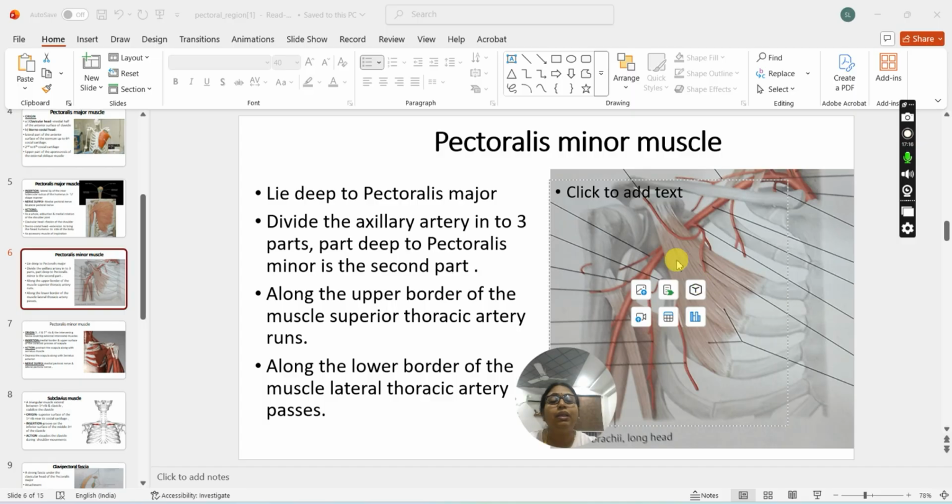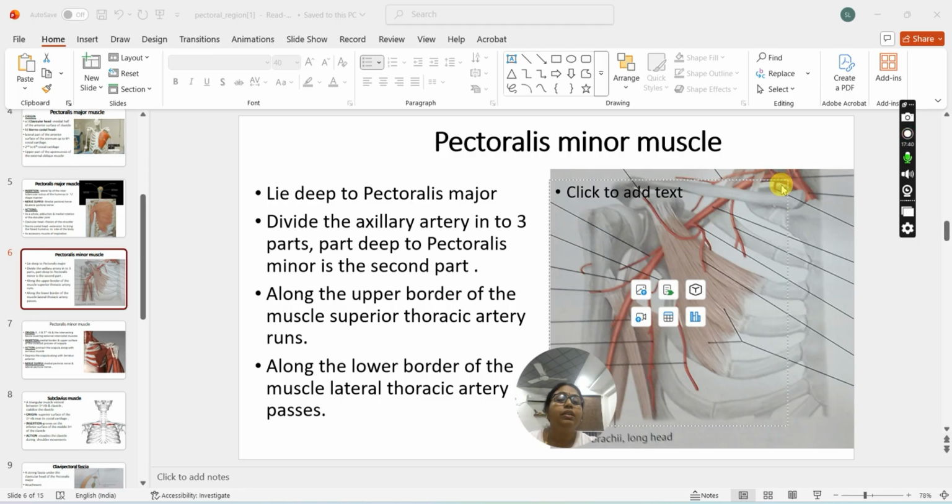Actually, the muscle is simply going towards its insertion. For our convenience, when we want to talk about the branches and the relations of the artery, we divide it into the first or proximal part, the posterior or second part, and the distal or third part.